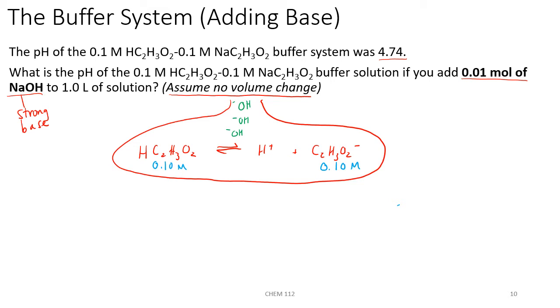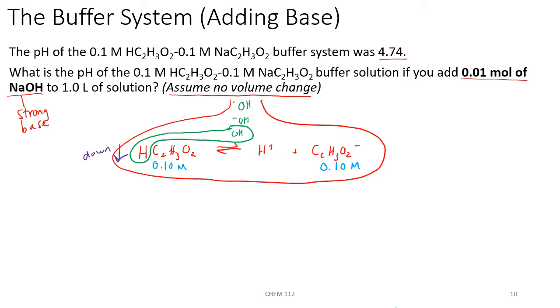That OH minus is going to come and rip a proton off of our weak acid. It's going to react with that weak acid. So the hydroxide ion reacts with our acetic acid in the buffer system, causing there to be less acetic acid. However much hydroxide ion we add in is going to cause the amount of the acetic acid to go down by that amount.